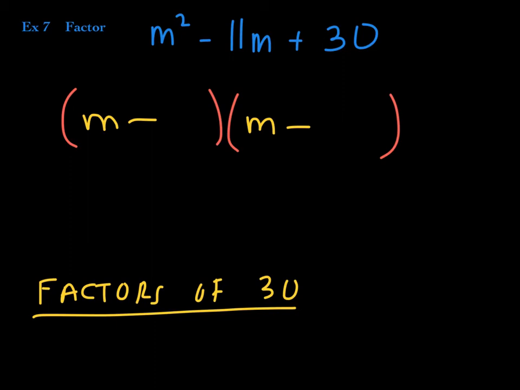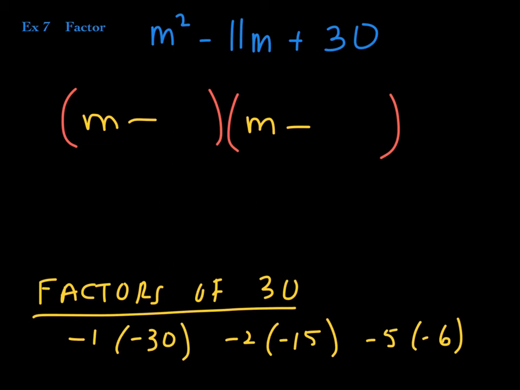So let's see. Negative 1 times negative 30. Does that add up to negative 11? No. Negative 2 times negative 15. Do those add up to negative 11? No. How about negative 5 times negative 6? Do those add up to negative 11? Yes. So those are the correct factors.